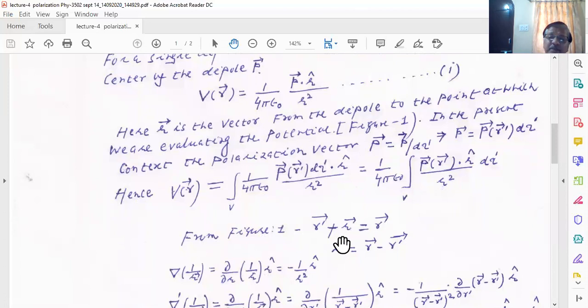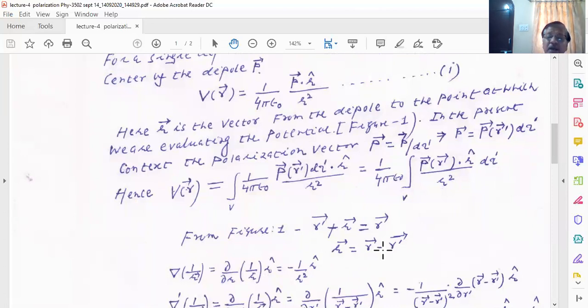We can rewrite this expression: the field vector r is given by vector r minus r prime. Please remember this expression.